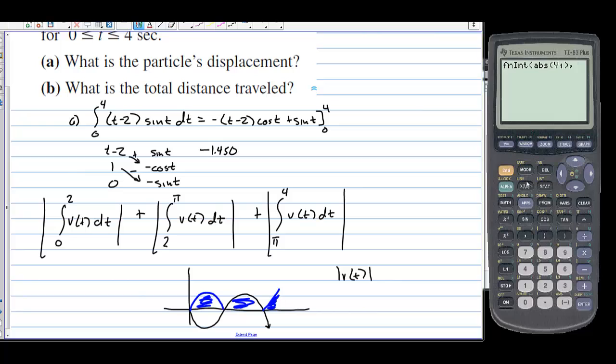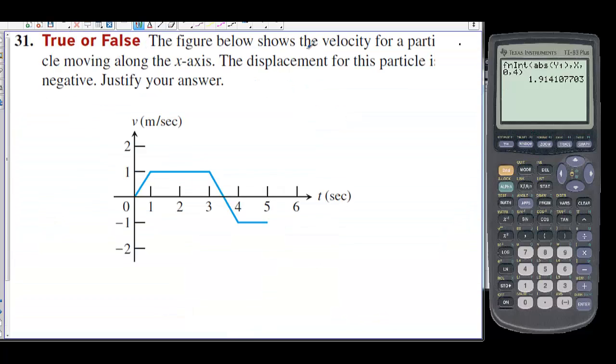And then we can say, do the integral over x, and we're going from 0 to 4 now. And the answer for the total distance traveled is, takes a while for the calculator to calculate this value, 1.914.